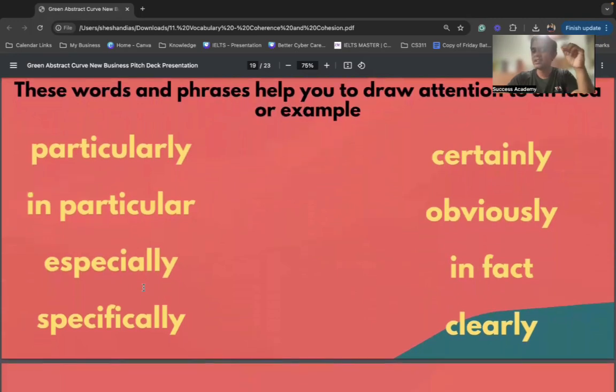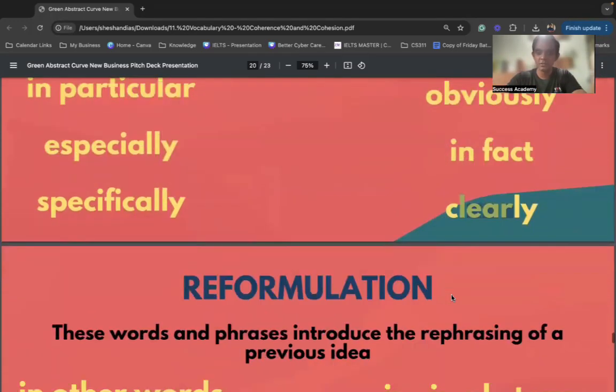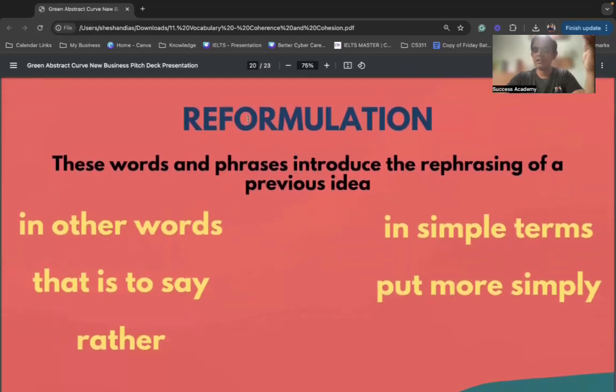If you are emphasizing something: particularly, in particular, especially, specifically, certainly, obviously, in fact, clearly, right? This example clearly shows that this is the situation. Make sense?